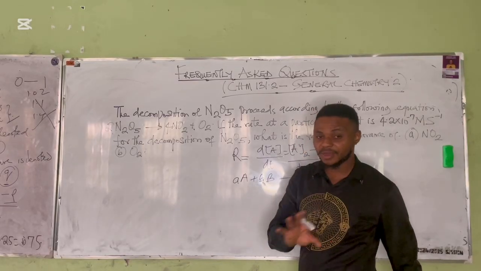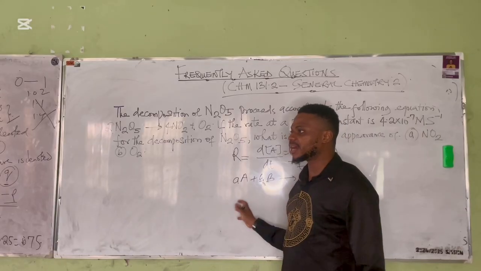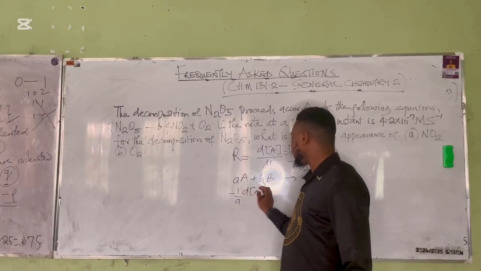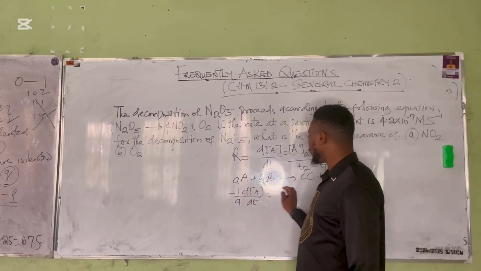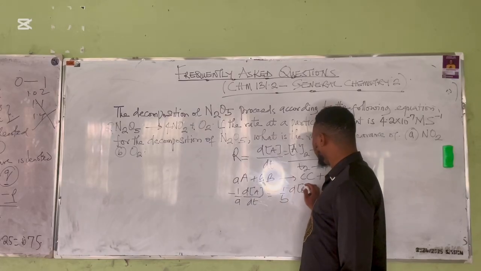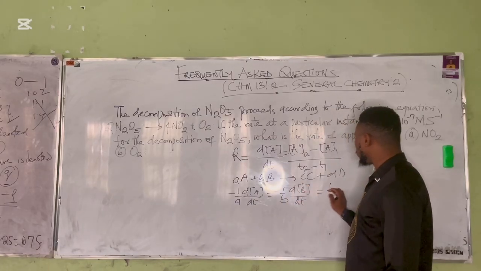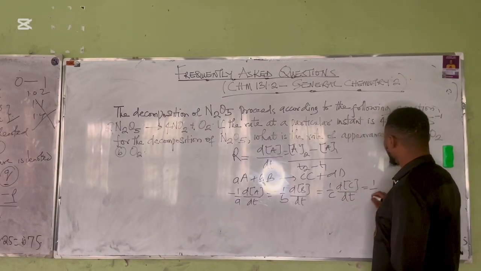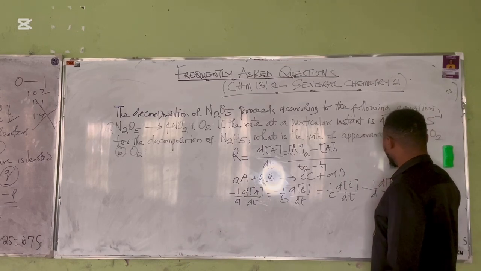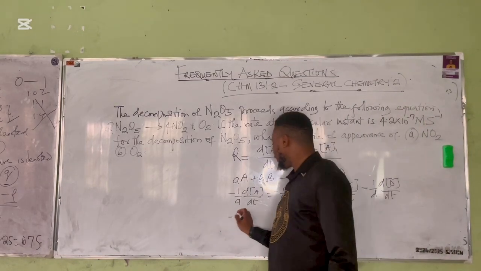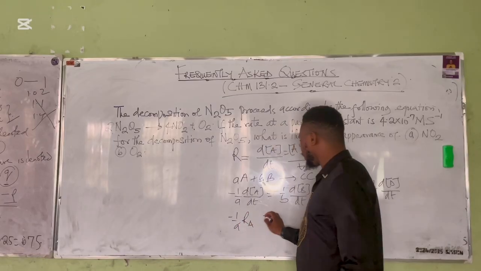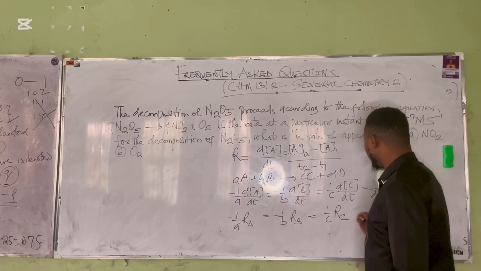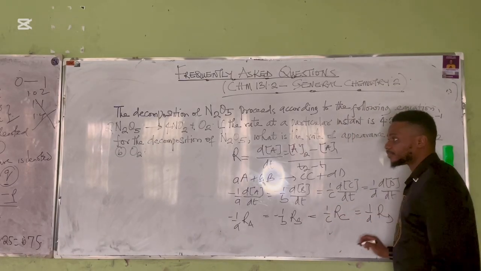Now, the rate is given as minus 1 over a, delta A all over delta t, equals minus 1 over b, delta B all over delta t, equals 1 over c, delta C all over delta t, equals 1 over d, delta D all over delta t. Or basically minus 1 over a rate A equals minus 1 over b rate B equals 1 over c rate C equals 1 over d rate D.